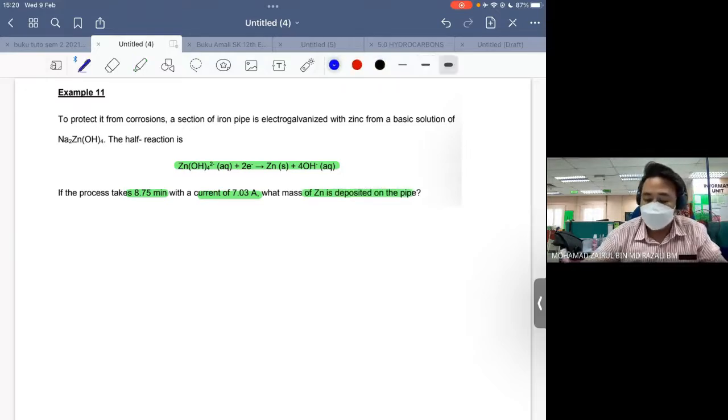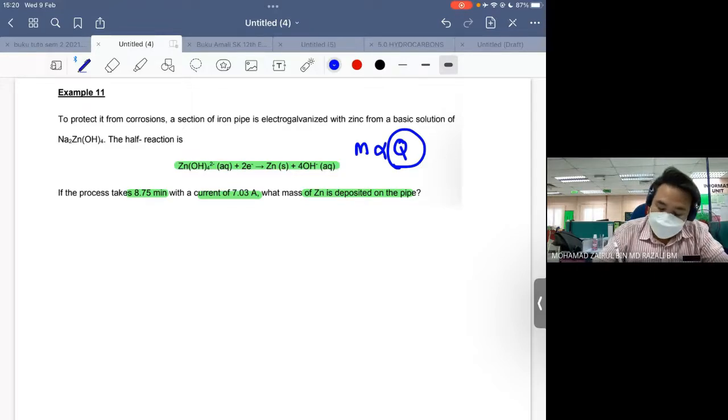So kalau kita tengok balik, the Faraday's first law, dia kata the mass produced is directly proportional to the charge. So kita kena cari dulu charge. So nak cari kita punya charge, so we know that the charge is equal to current multiply by time. So current dia dah bagi, time pun dia dah bagi, so kita boleh tahu dia punya charge.